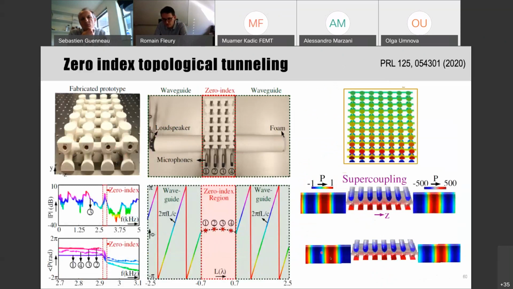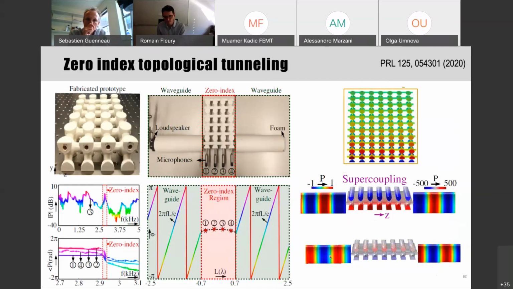So what happens is basically you have your wave coming in, it couples to the edge mode, this is kind of a quasi-static edge mode, and you leave to the other side here with full transmission. So you can really couple all the energy with a little bit of reflection because it's difficult to tune, but you can do it.